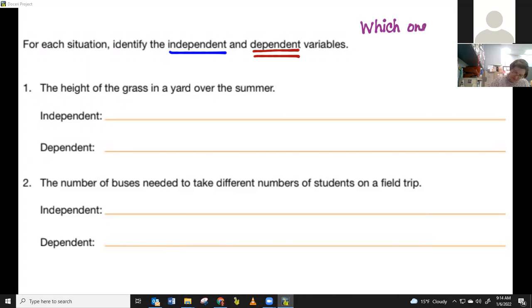Which one would you use to determine the other?